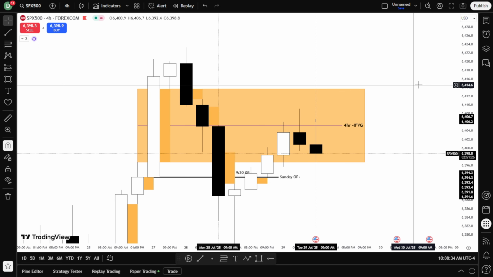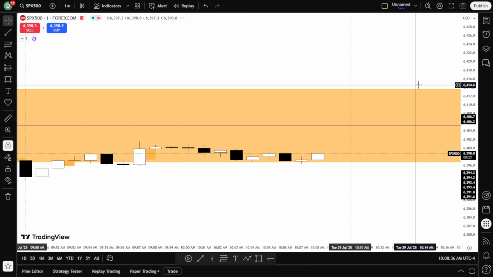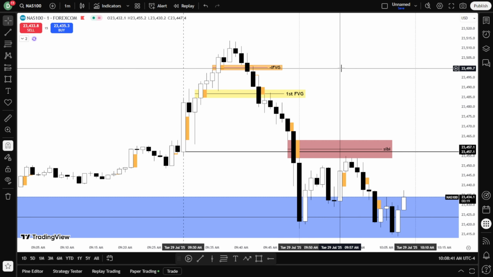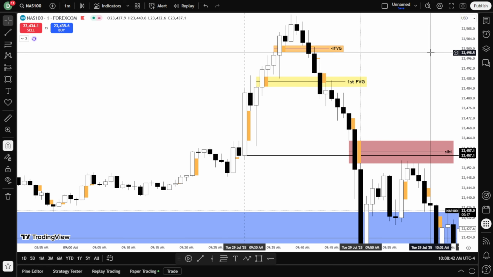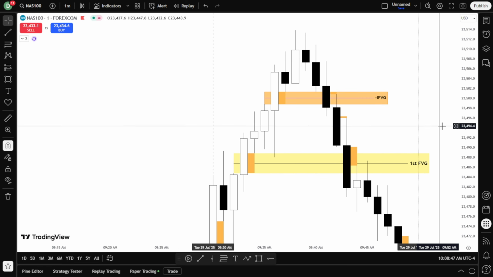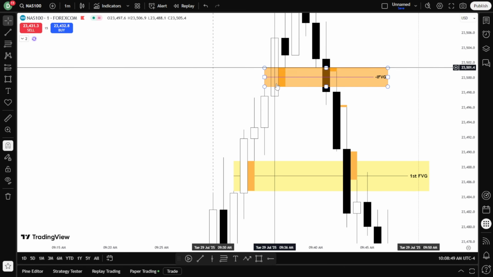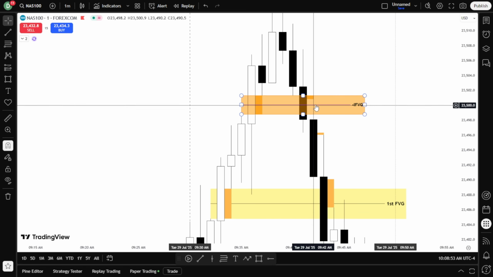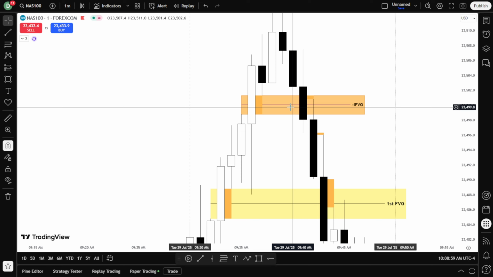I used the same logic on the Nasdaq for this trade. Look at this right here. That is the gap, buy side imbalance, sell side inefficiency. It broke lower, and right there I took the short. That was the second reason, or the third reason, I would say.